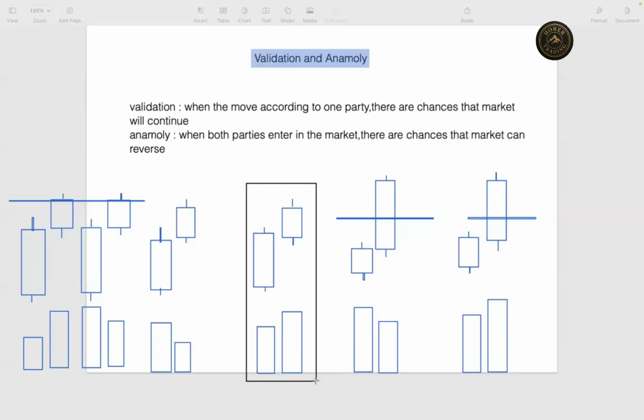But here we have the contrary results. We know that effort is the volume and the size of the candle is the result, according to Wyckoff laws. So the effort and the result are not matching. So it's clear that it is an anomaly.